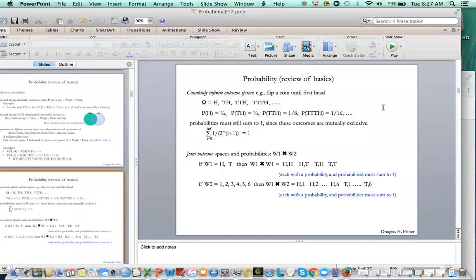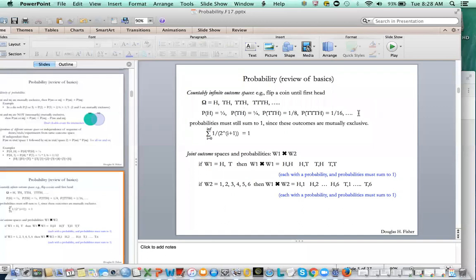The probability of a head in the first flip is 1/2. The probability of the second series, a single tail followed by a head, is 1/4, simply the probability of a tail followed by the probability of a head. Probability of two tails and a head, 1/8. And it continues to decrease as a power of 2. So this is an infinite outcome space, a countably infinite outcome space.